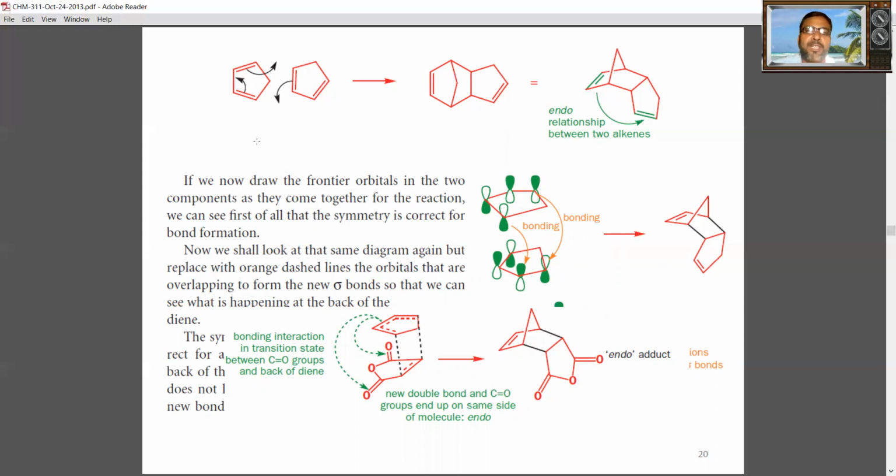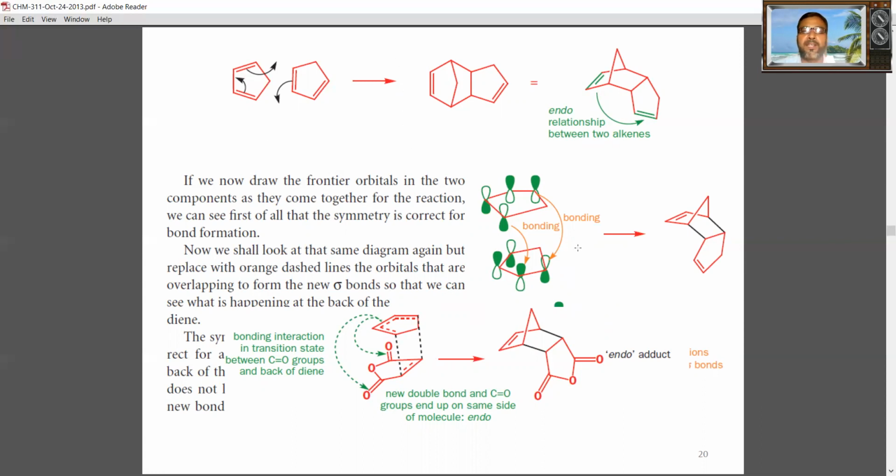Now friends, if we draw the frontier orbitals of the two components as they come together for the reaction, we can see first of all that the symmetry is correct for bond formation. Now we shall look at the same diagram again, but replace one orange dash line, the orbitals that overlap to form a new sigma bond, so that we can see what is happening at the back of the diene.